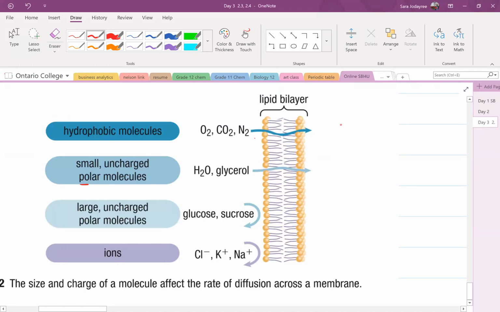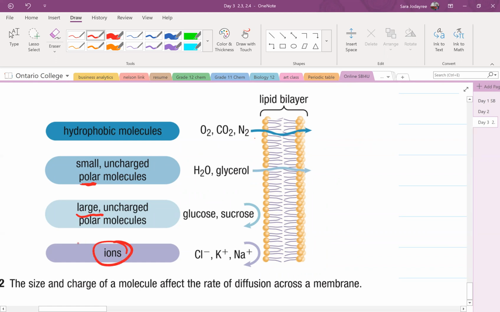Now we have water and glycerol, which are polar. These polar molecules can still move through the membrane rapidly. And the membrane is impermeable to large molecules. So you see these large molecules or ions here.